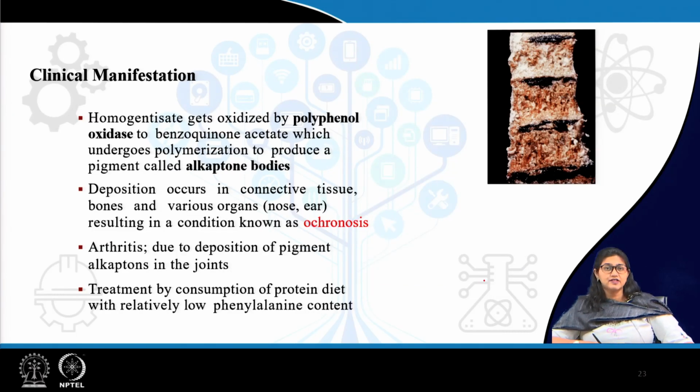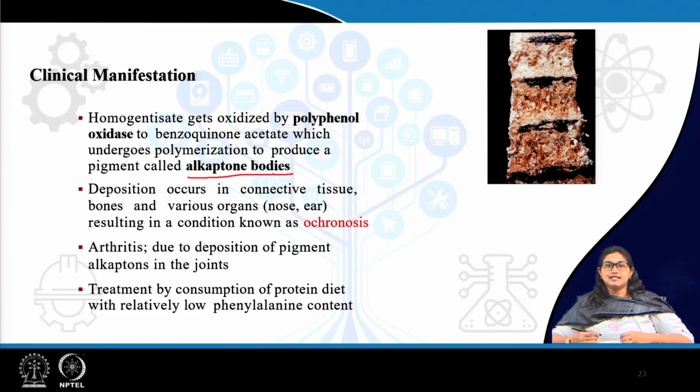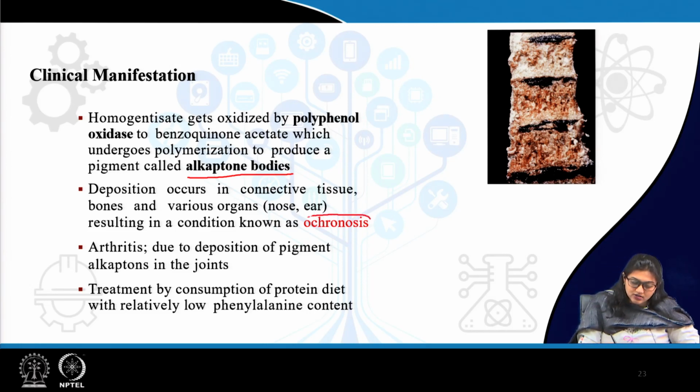For the clinical manifestation, remember, alkaptonuria, if detected at an early stage, remains mostly benign, it is not a fatal condition. But in a long-standing condition, these quinone derivatives, benzoquinone acetates, undergo polymerization to form a pigment known as alkapton bodies, and these alkapton bodies are accumulated in different tissues, connective tissues, bones, different organs, and the condition is known as ochronosis.